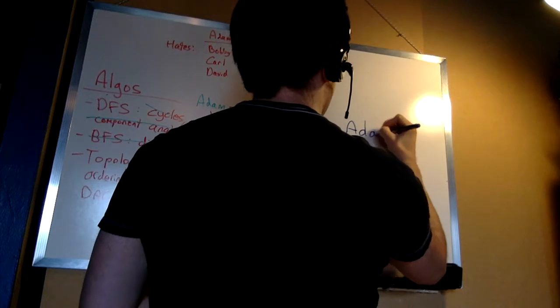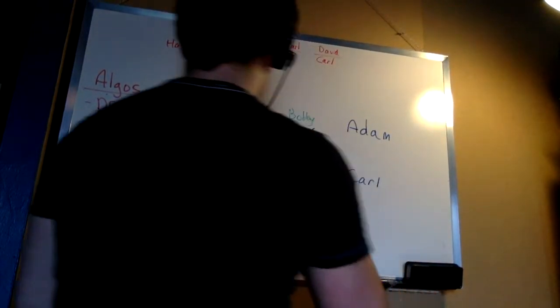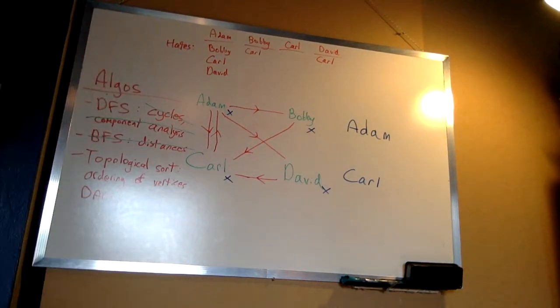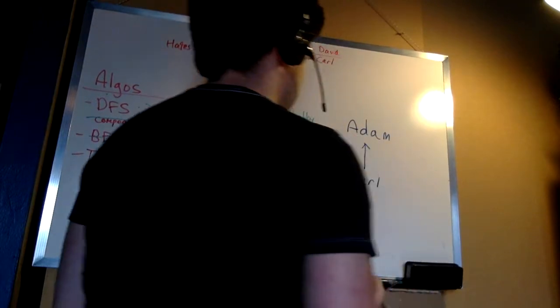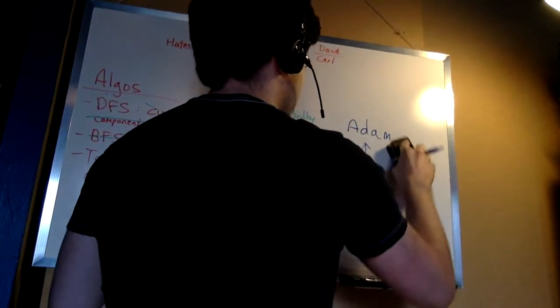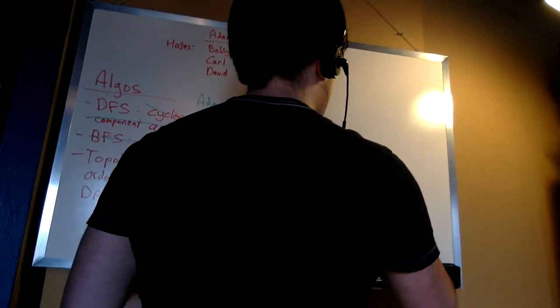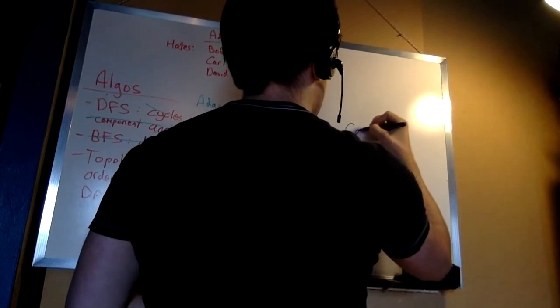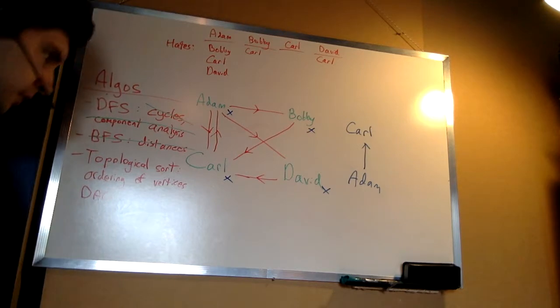If we draw Adam here and Carl here, now Carl and Adam hate each other, so Carl can throw something at Adam. But if we put Adam here and Carl here, well, Adam can still throw something at Carl.